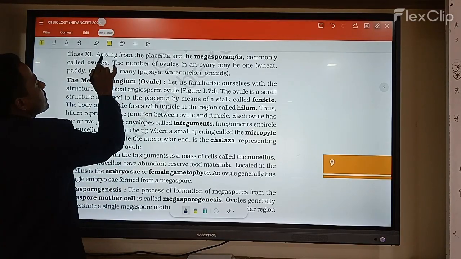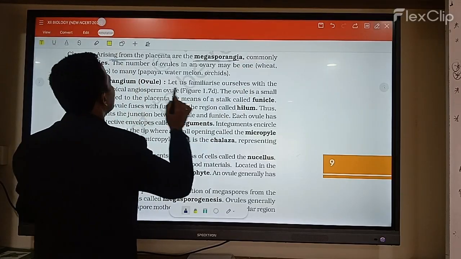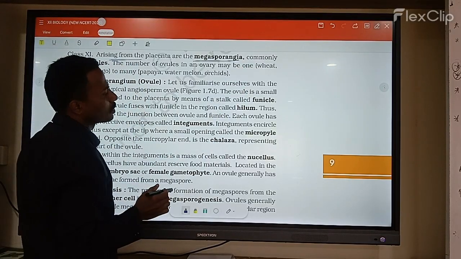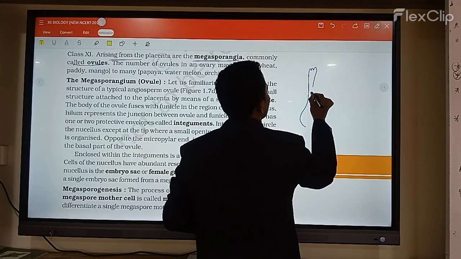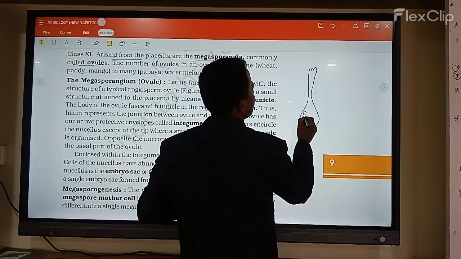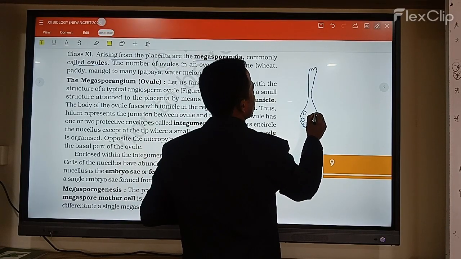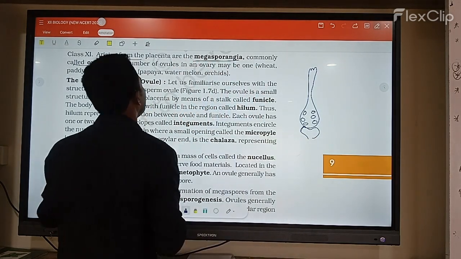From the placenta, the megasporangium is commonly called an ovule. So inside the ovary, ovules are present.